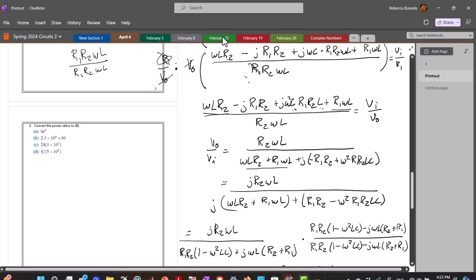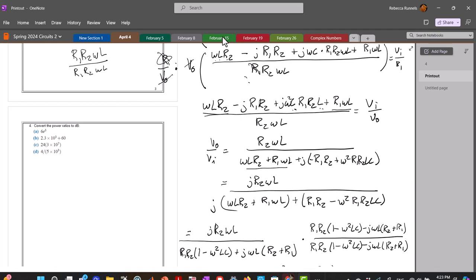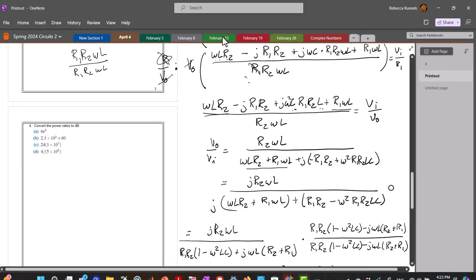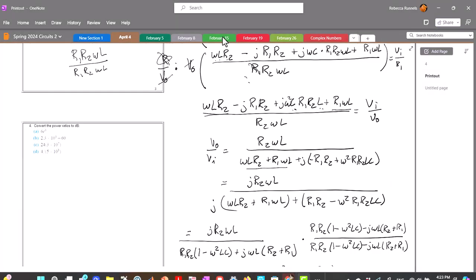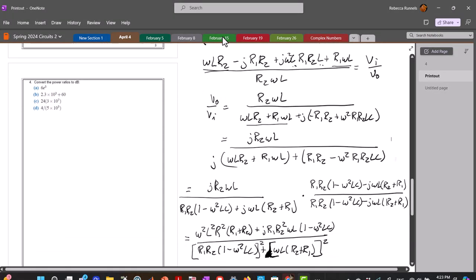I would end up with the same answer if I didn't do this, but this was to make it look like the page where I had my answers. I multiplied by j over j, and what that did was add a j to the numerator, and then the real part became the imaginary part, and the imaginary part got multiplied by a j, so you got a j squared, so the signs changed.